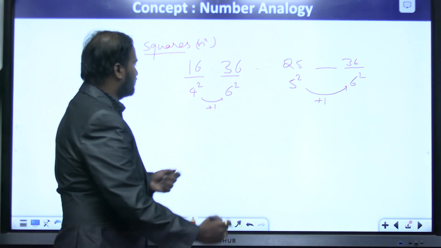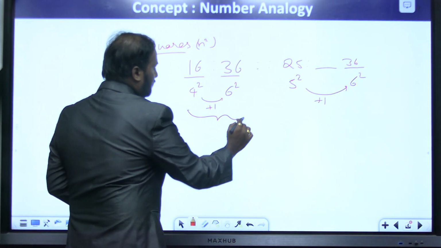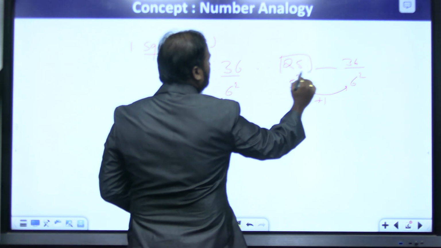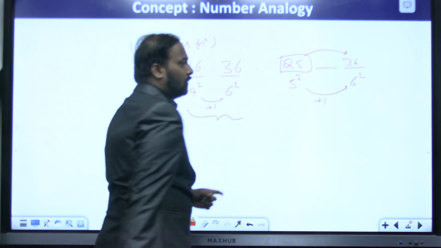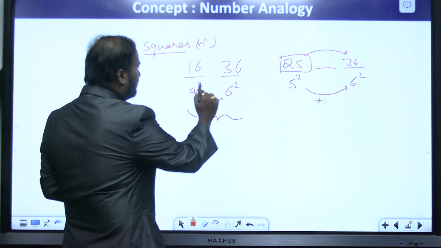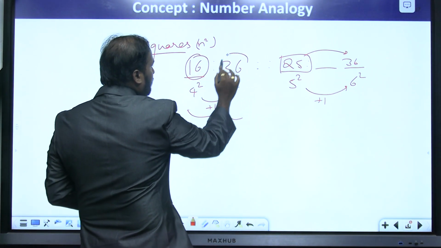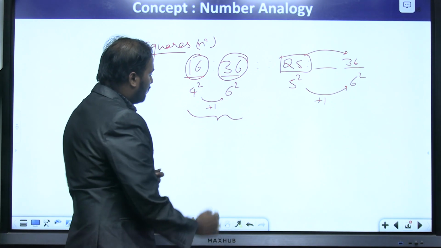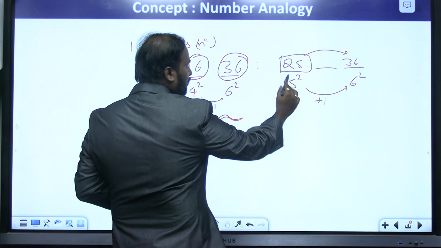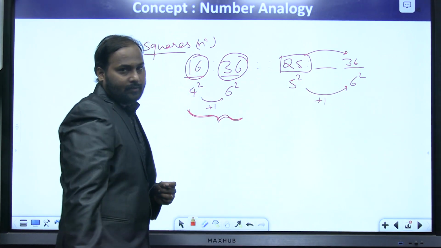Whatever relationship we established in this case, the same relation you have to apply to this question and get the answer. So this is what analogy is: establishing the relationship between two given numbers, and applying that relation to the question to get the answer.